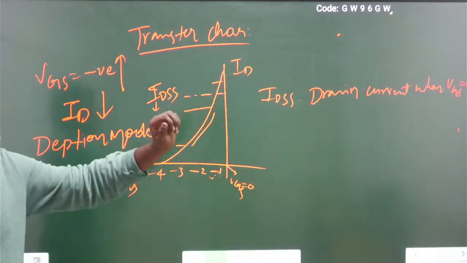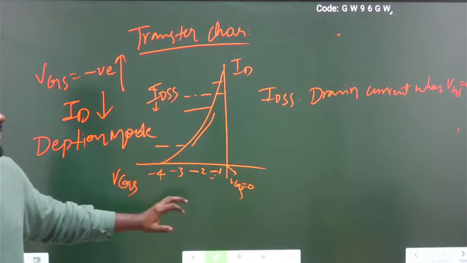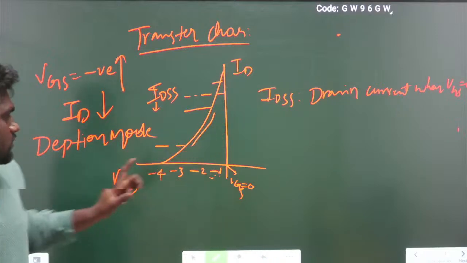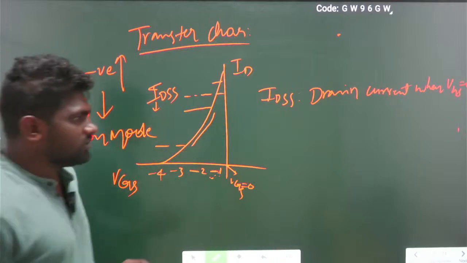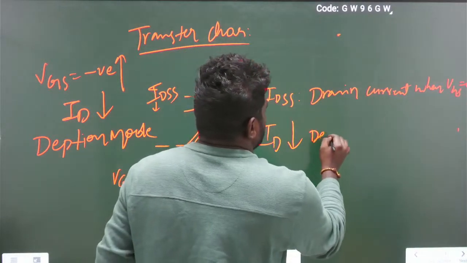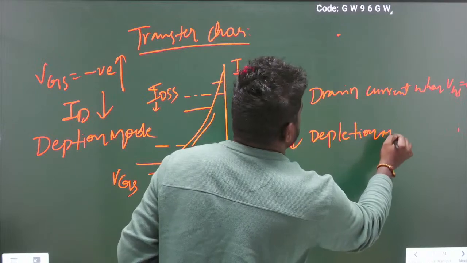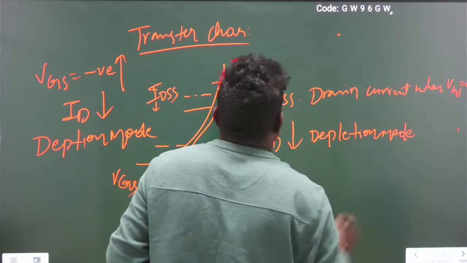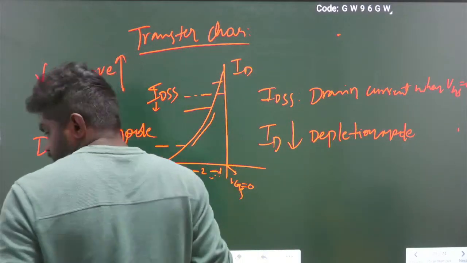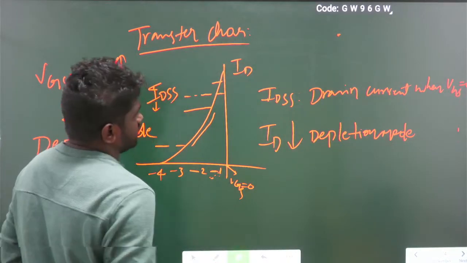This is the answer: whenever VGS increases with negative voltage, ID decreases. So depletion mode is whenever ID decreases. Okay? So these are the FET characteristics.